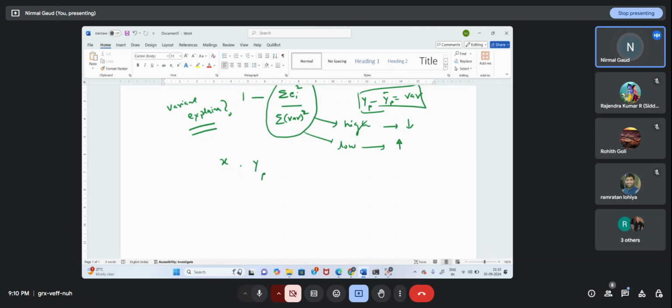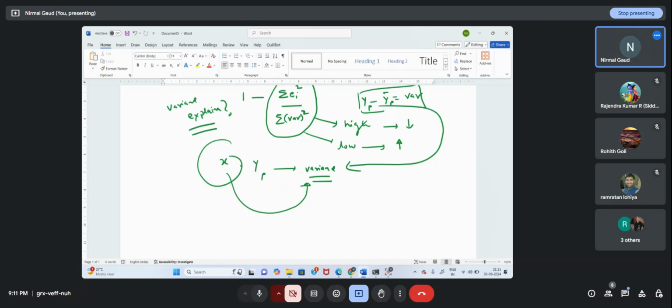We are talking about the variance of this prediction. That's what it is: YP minus Y bar. How will they explain its variance?